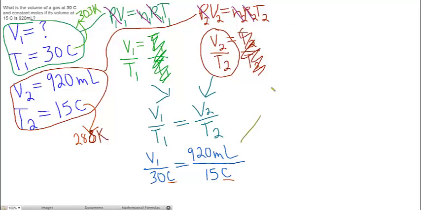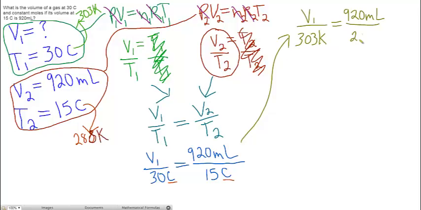I'm going to start it up here. I still have my volume 1 divided by my new Kelvin temperature, 30 degrees C, changed to 303 Kelvin, equals my volume 2, which is still 920 milliliters, divided by my temperature 2, which is now 288 Kelvin.